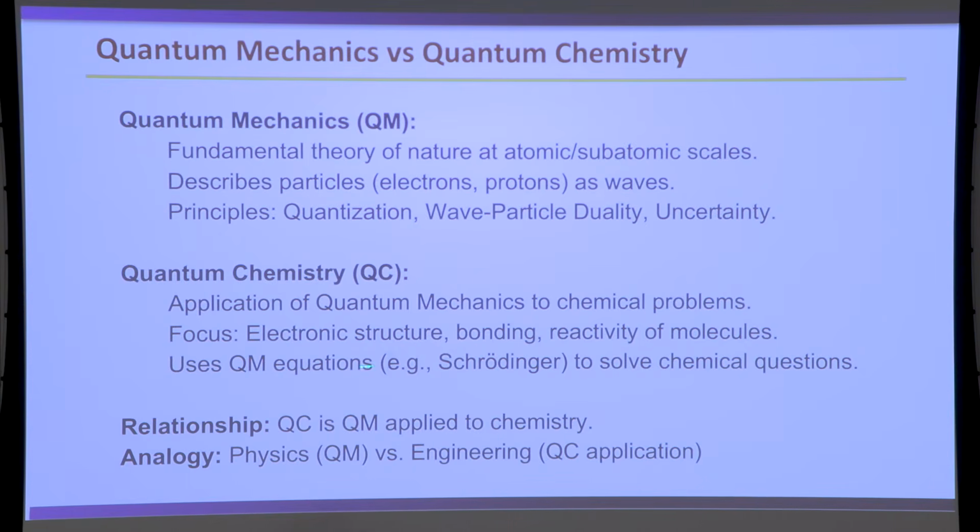Electronic structure, bonding, and reactivity are all applications of this theory. What we are going to do is look briefly at the quantum mechanics equation, the Schrödinger equation, and then apply it to chemical problems. So QC is QM applied to chemistry, if you want.